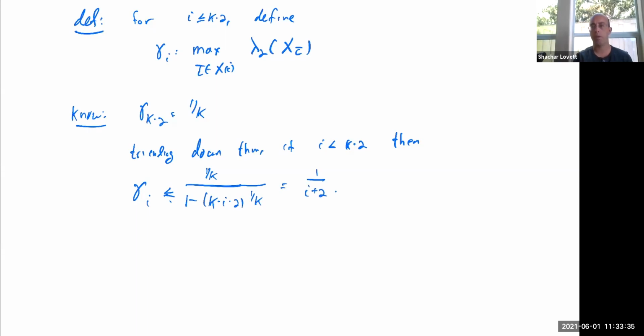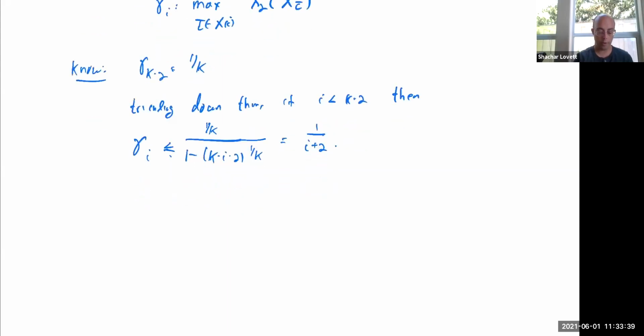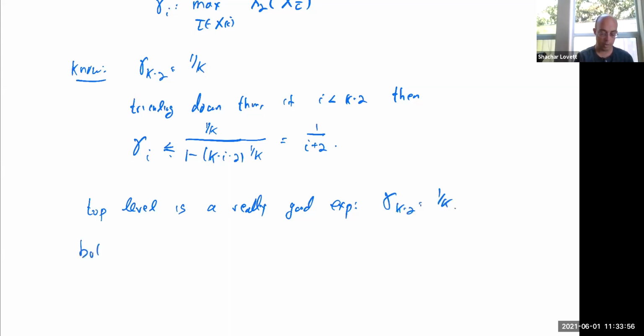So what's the problem here? The top level is a really good expander, 1 over k. But the bottom level is not. So gamma 0 is a half.